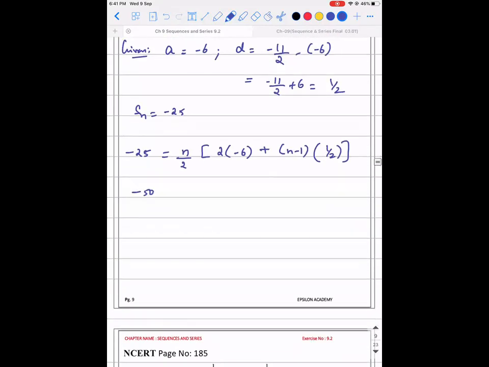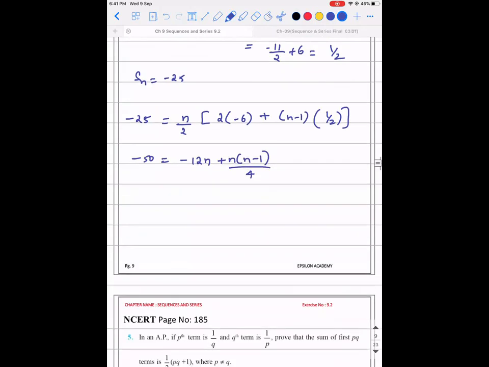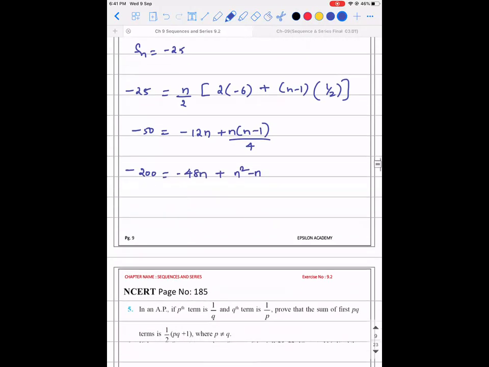So minus 50 is equal to minus 12n plus n into n minus 1 divided by 4. Correct? Multiplying with 4, you have minus 200 is equal to minus 48n plus n square minus n. So n square minus 49n plus 200 is equal to 0. So what are the factors, guys?